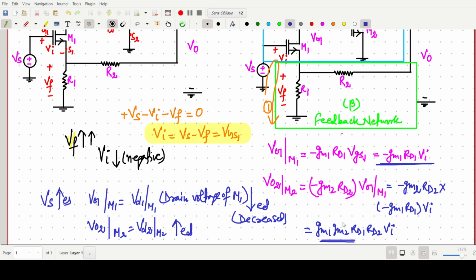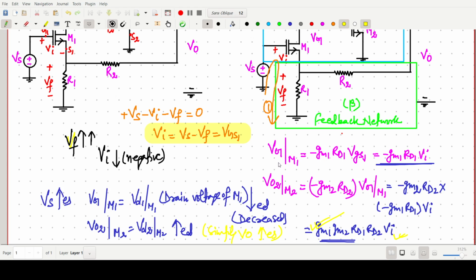So the V naught value will increase. It means Vs increases, the output Vd1 goes negative, and the overall output V naught 2 will be positive.